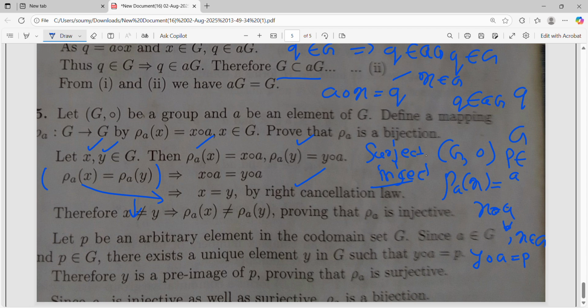So y is a pre-image for p, and since p is arbitrary, for every arbitrary element we are finding an element such that y compose a equals p. So this is proving that for each element p we have an element y such that rho a of y equals p. So every element in the codomain has a pre-image, so the mapping rho a is surjective. The mapping is both surjective and injective, so the mapping is a bijective mapping, or rho a is a bijection.